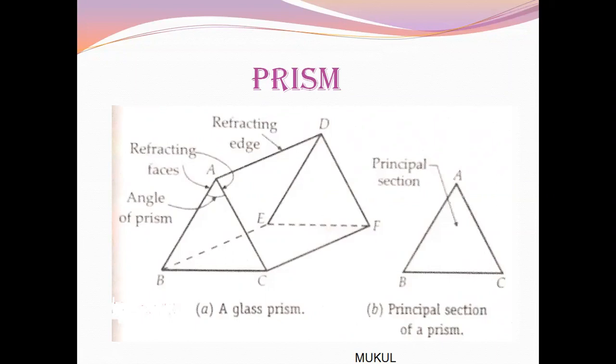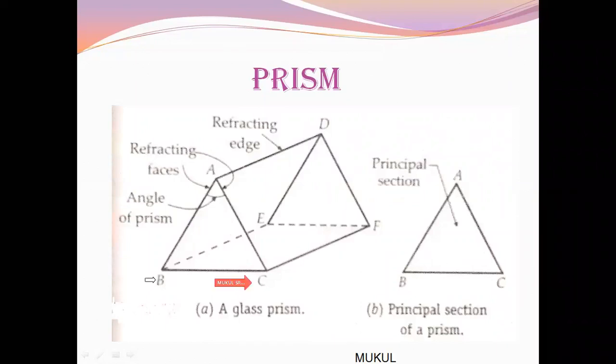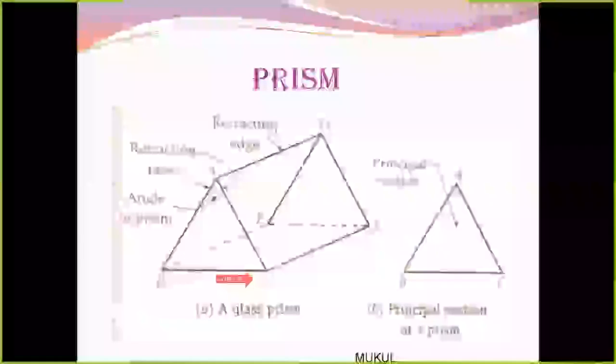Now in this figure, ADFC represents a transparent rectangular glass surface, BEFC is the other, and B represents the base.